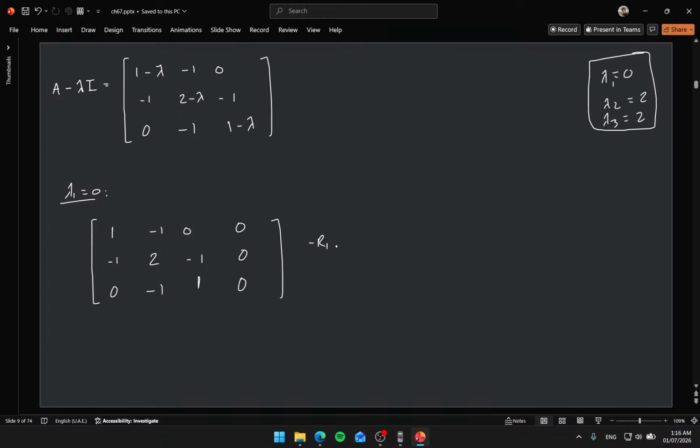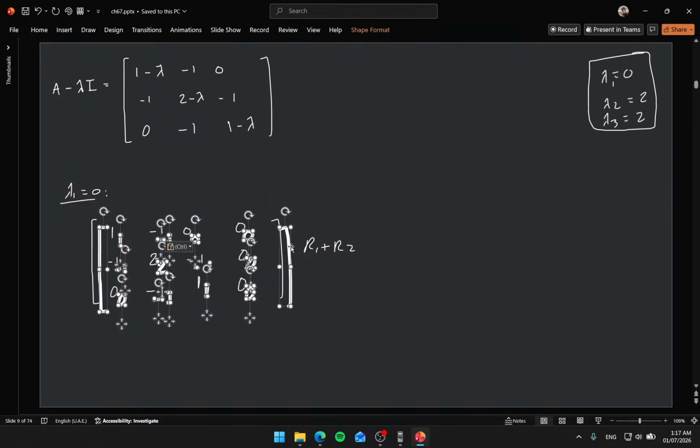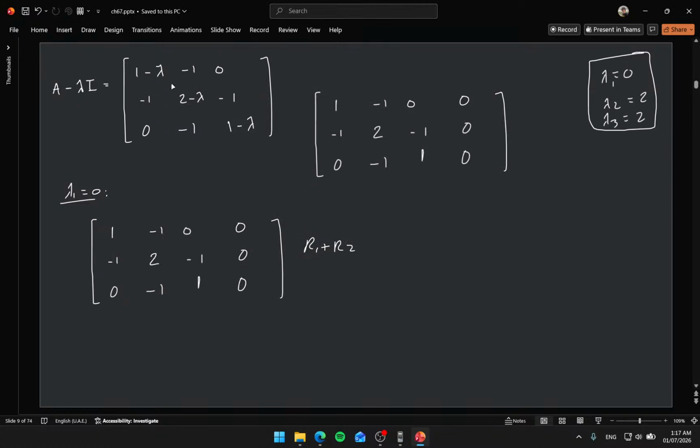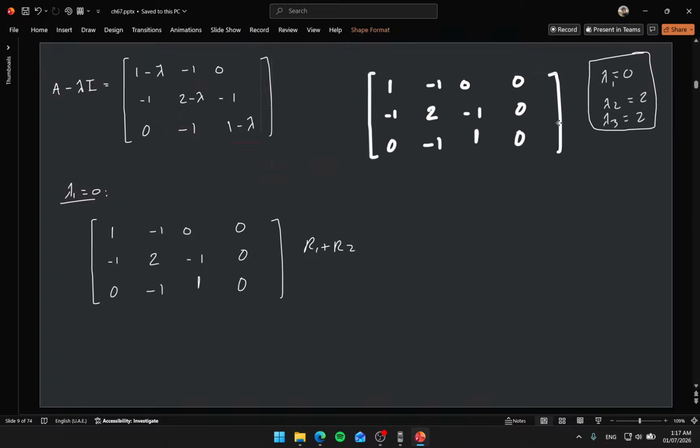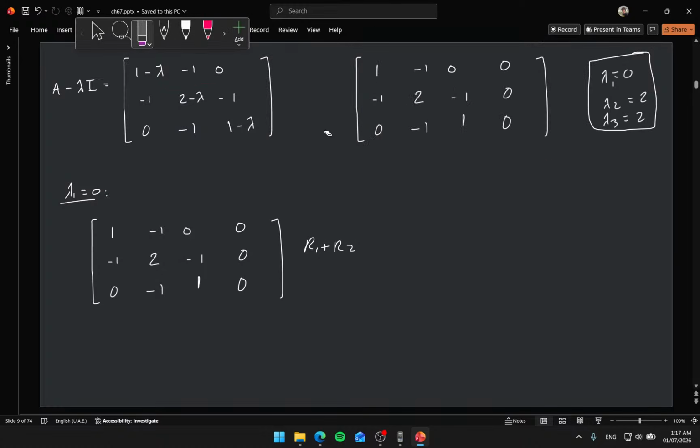We start with row 1 plus row 2. So 1 plus negative 1 is 0.